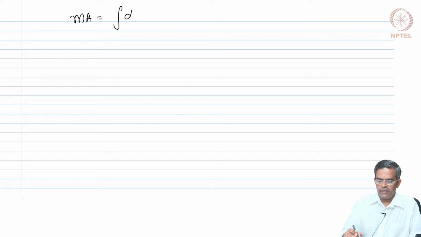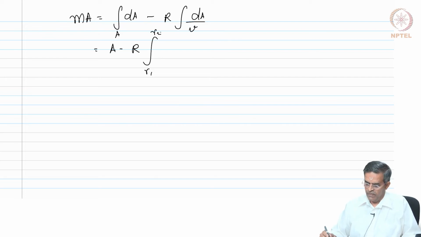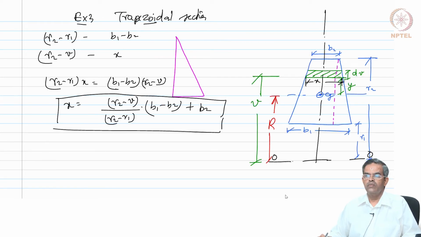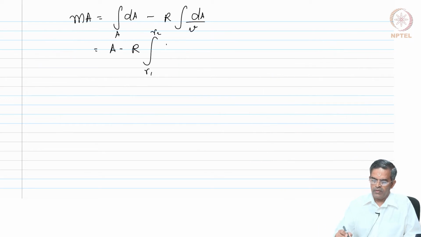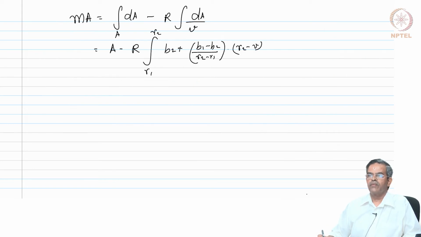MA is integral dA minus R integral dA by V, which will become A minus R integral R2 to R1 of B2 plus (B1 minus B2 by R2 minus R1) of (R2 minus V) dV by V. Okay.